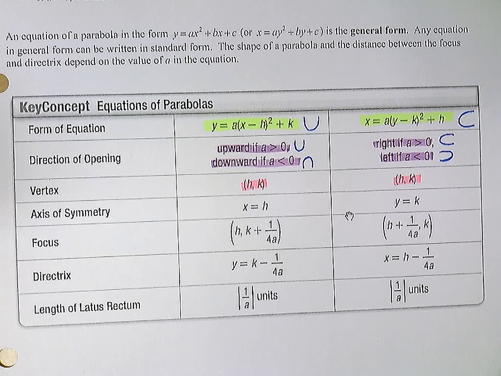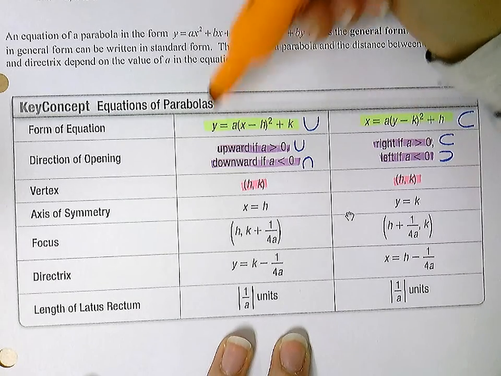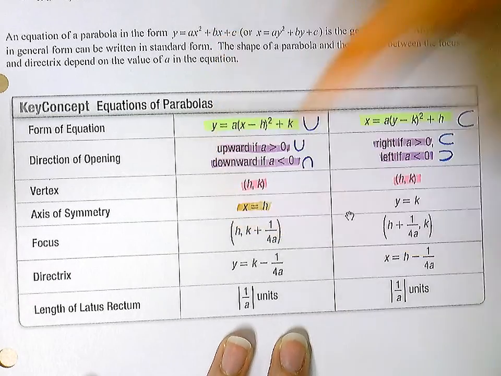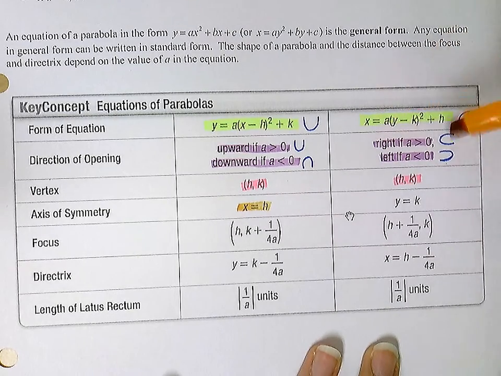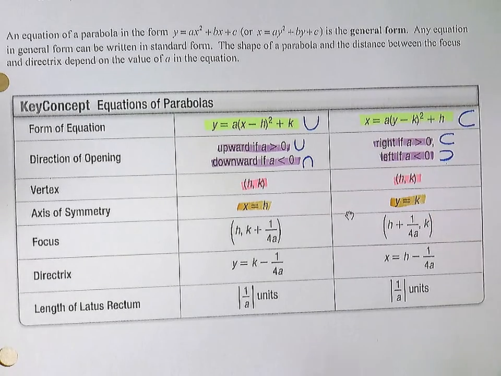Okay, the last thing that we're going to deal with today is the axis of symmetry. Okay, so that's the line that your parabola reflects over. Okay, for a y equals equation, your axis of symmetry will be an x equals. And for an x equals equation, your axis of symmetry will say y equals.